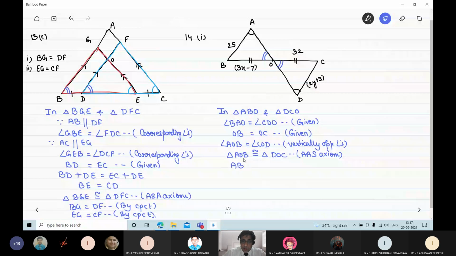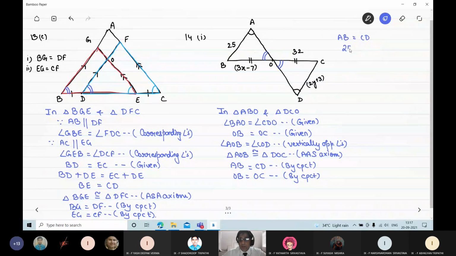Good, don't speak. So AB is equal to CD. This is by CPCT. And we can say that OB will be equal to OC again by CPCT. So if I'm taking AB is equal to CD, AB is 25 and this is equal to 2y plus 3. So 2y will be equal to 22, y will be equal to 11.